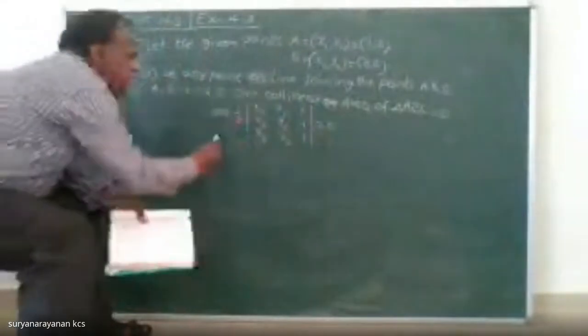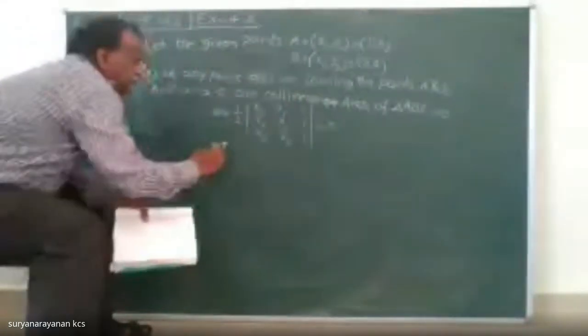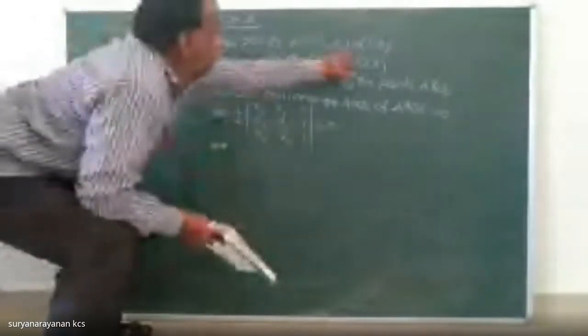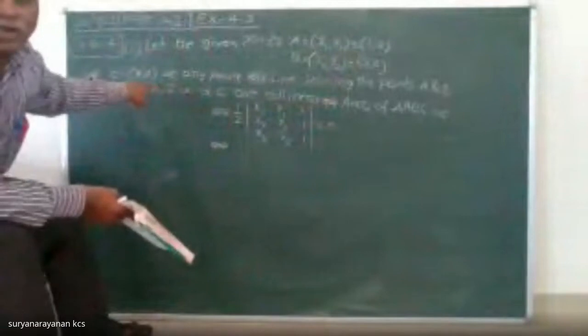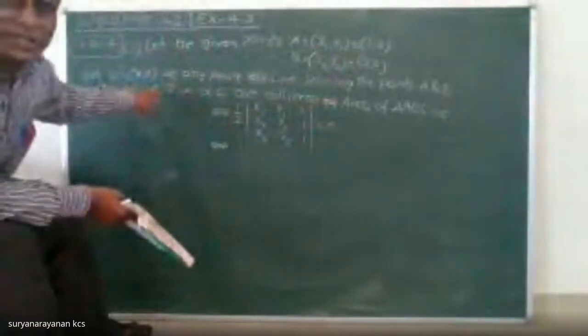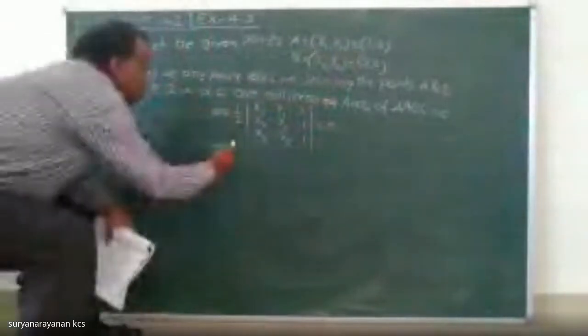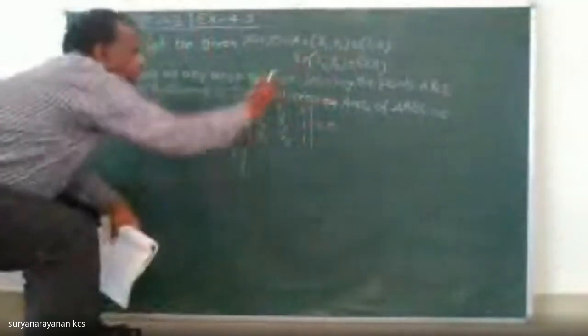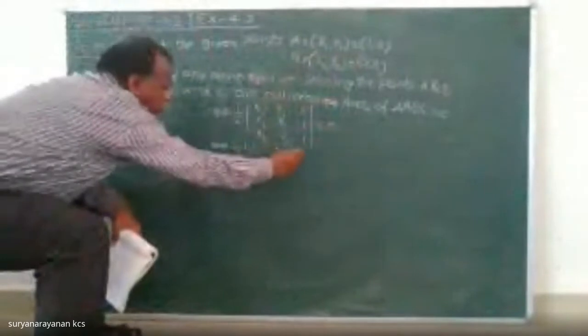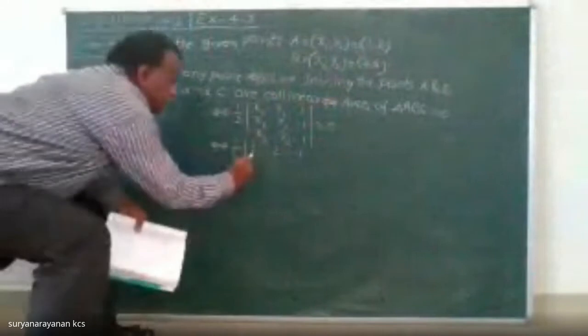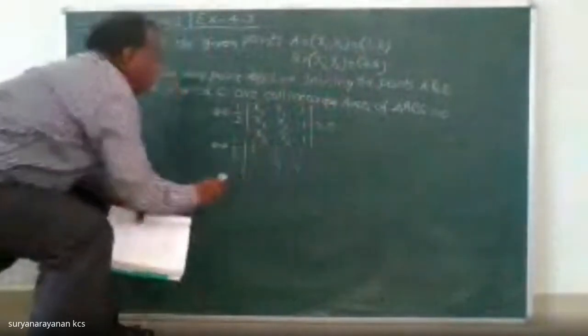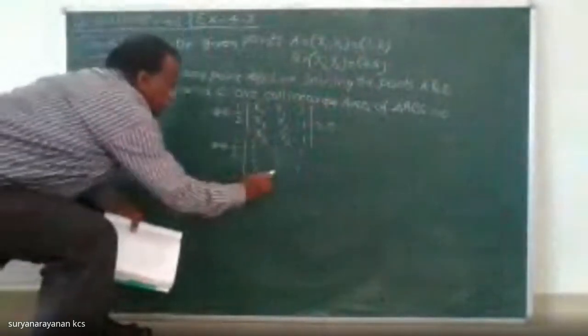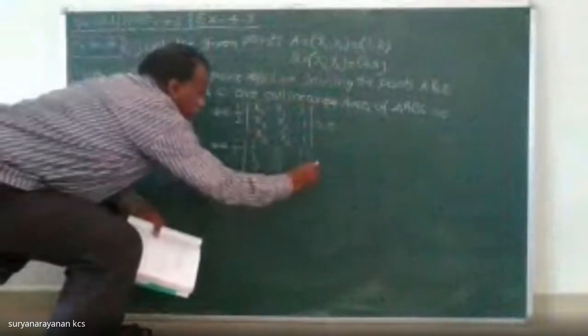Okay, in this formula, let us substitute x1, y1, x2, y2, and this is nothing but x3, y3. The third point coordinates are x3, y3. That is equal to the determinant with rows 1, 2, 1; and the second point 3, 6, 1; and the third point x, y, 1.